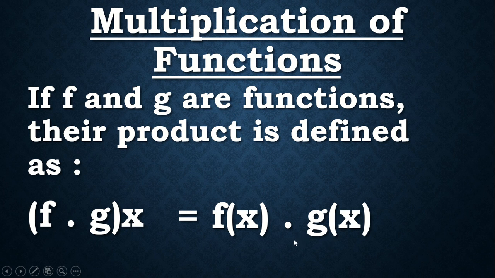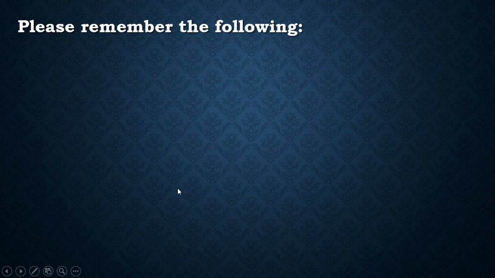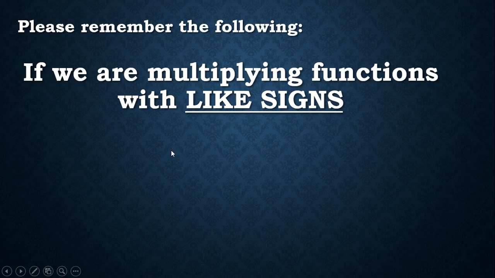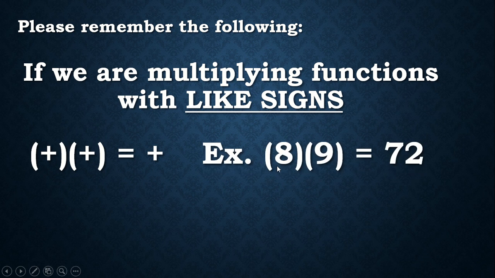Now, let's take example number 1. But before that, please do remember the following. If we are multiplying functions with like signs or same signs, positive times positive is equal to positive. We have example positive 8 times positive 9, that is equal to positive 72.